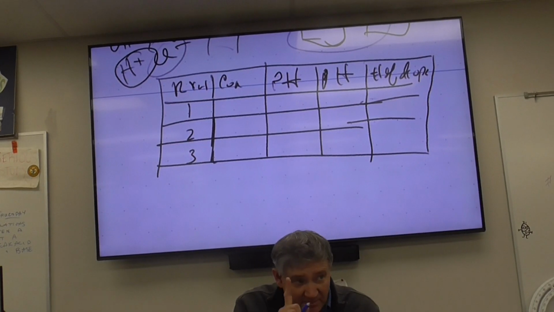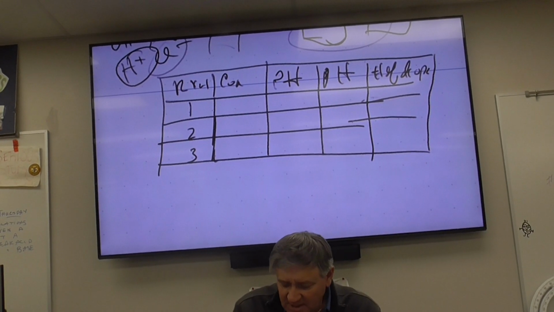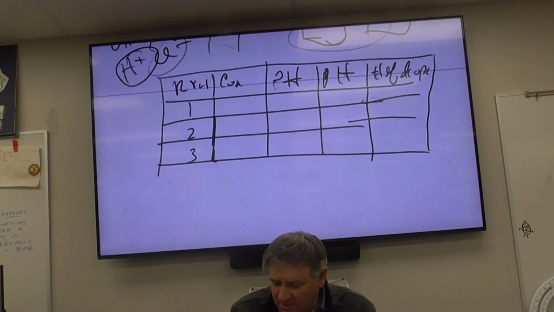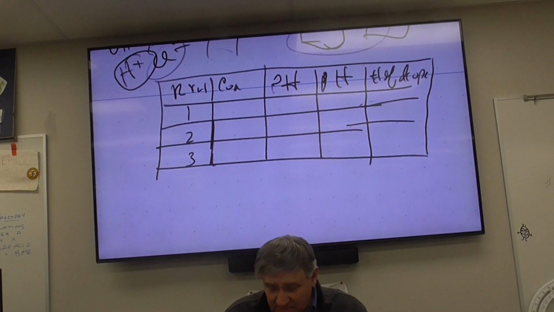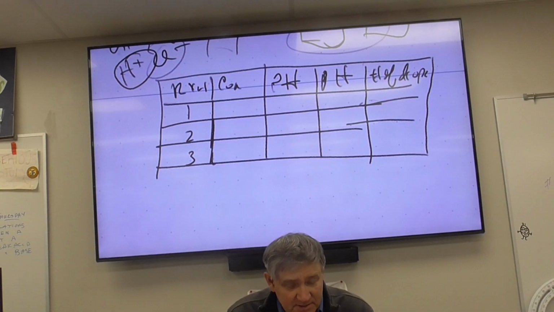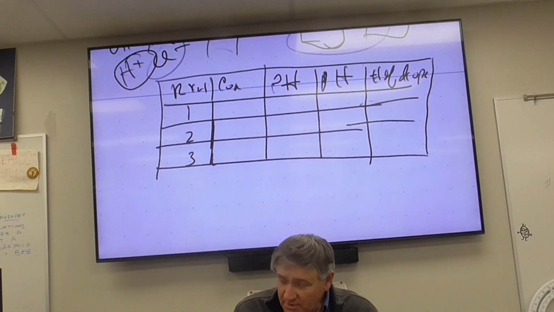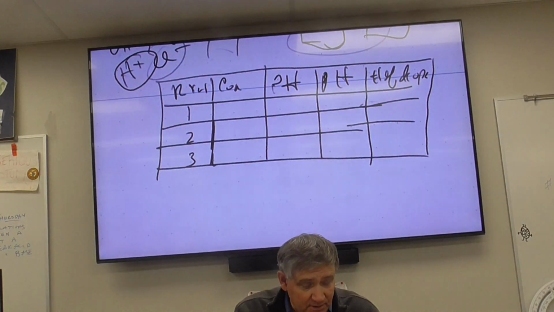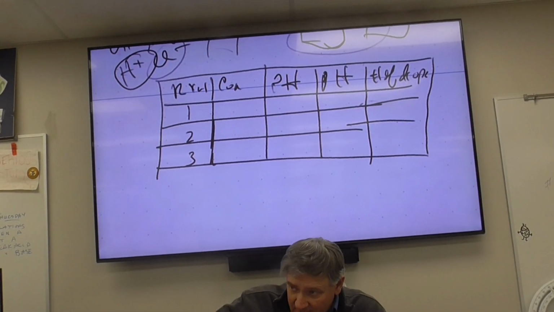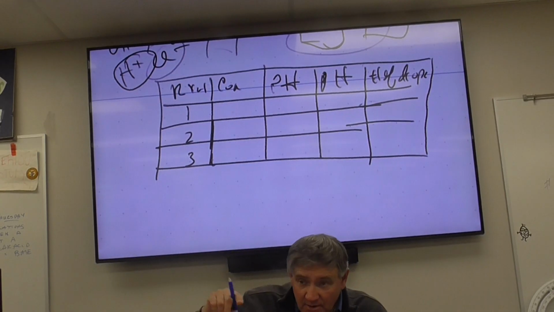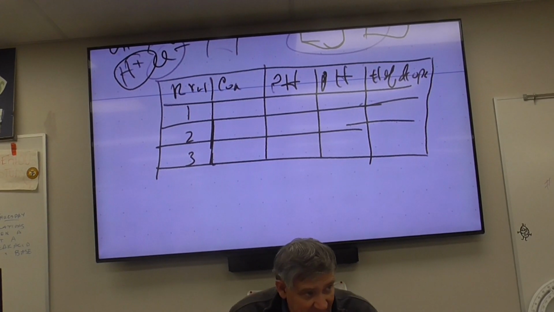So on this one, you're going to mix 1 milliliter of zinc nitrate and 1 milliliter of sodium carbonate in a test tube. You might use a graduated cylinder for that. If you're going to use a graduated cylinder, make sure that you rinse it with deionized water in between. Otherwise, those ions are still going to be left in there from the previous reaction.